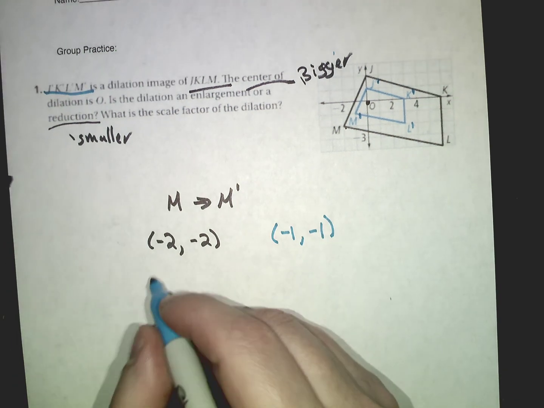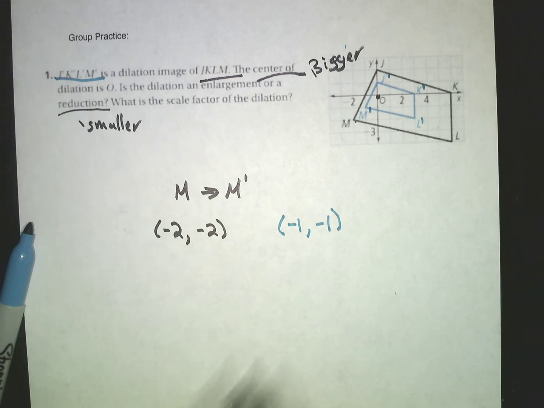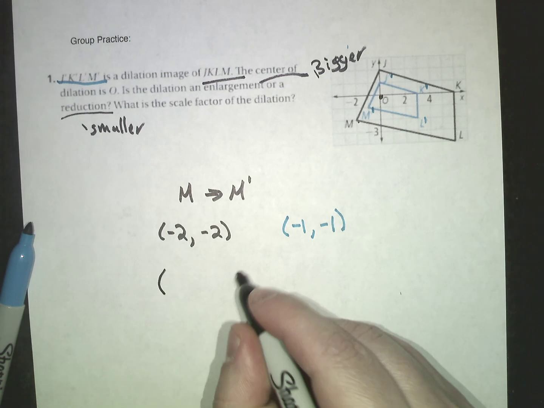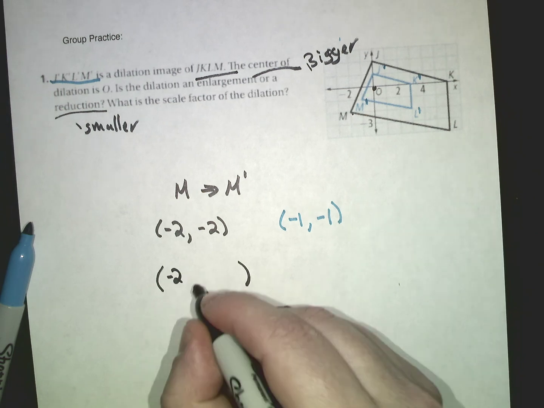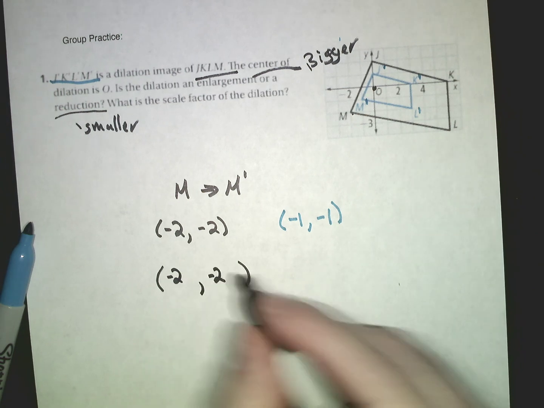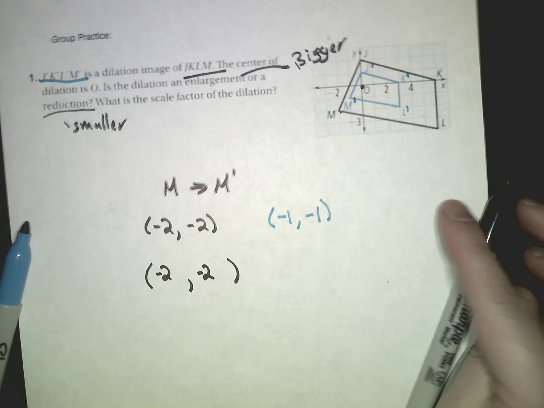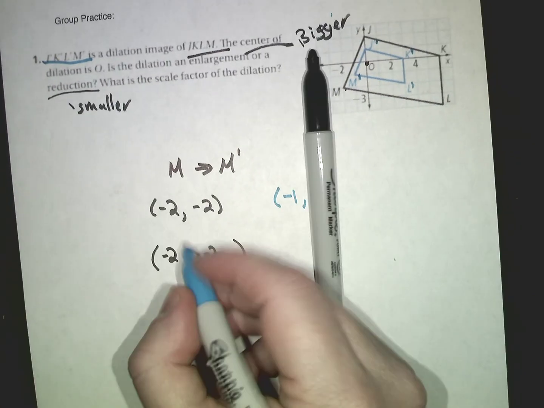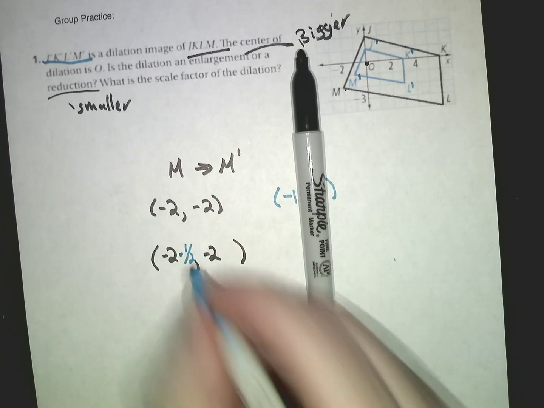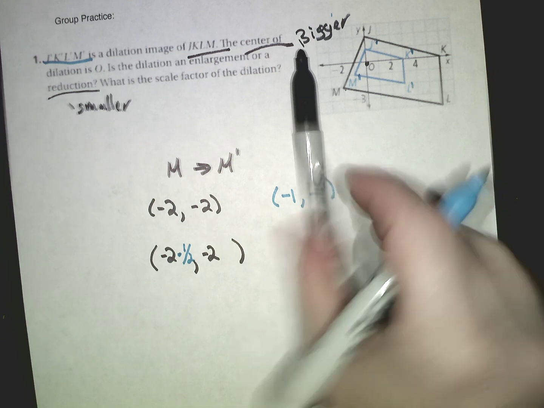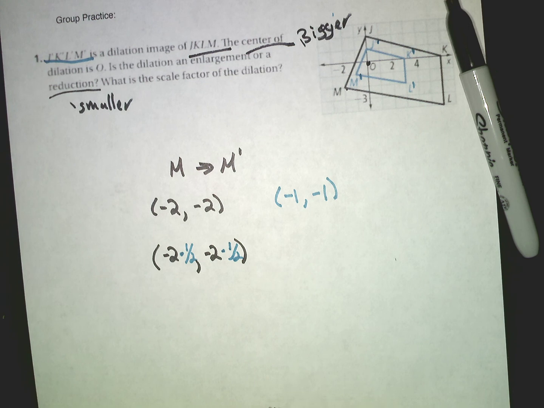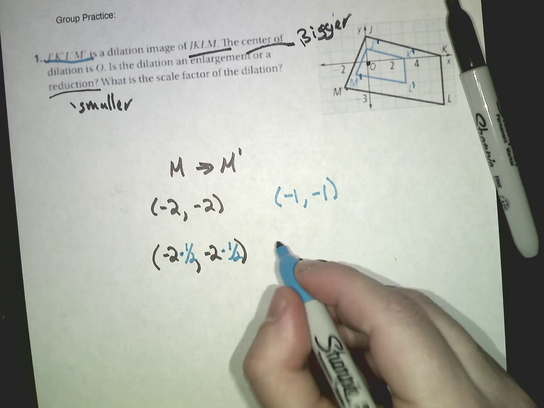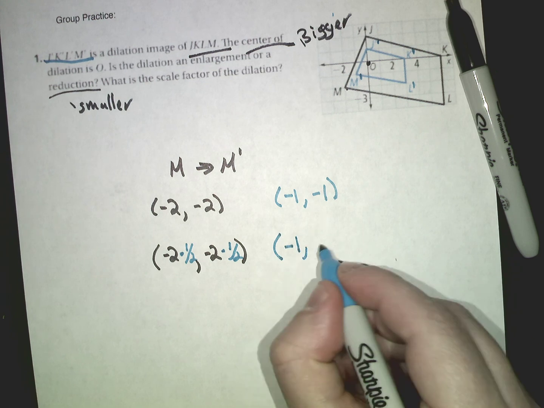I take my original two numbers, -2 and -2, and since I cut it in half, I multiply each by 1/2. If I multiply both by 1/2, I get my answer: -1, -1.